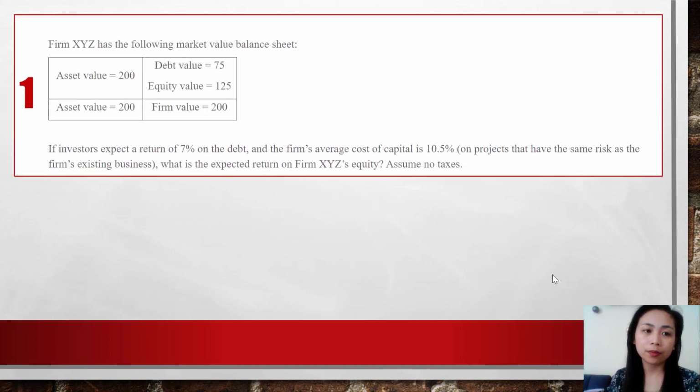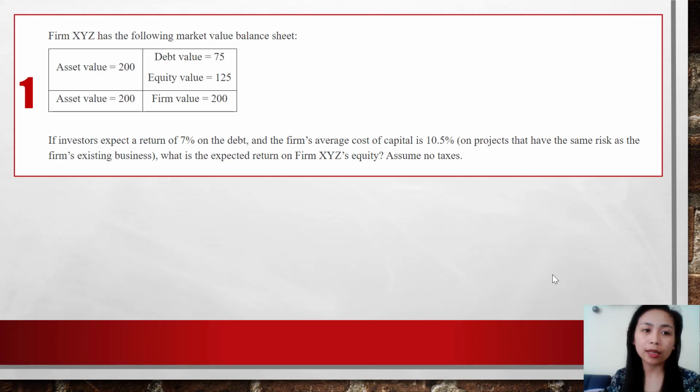First problem. Firm XYZ has the following market value balance sheet. Asset value 200. Debt value is 75. Equity value is 125. Firm value is 200.